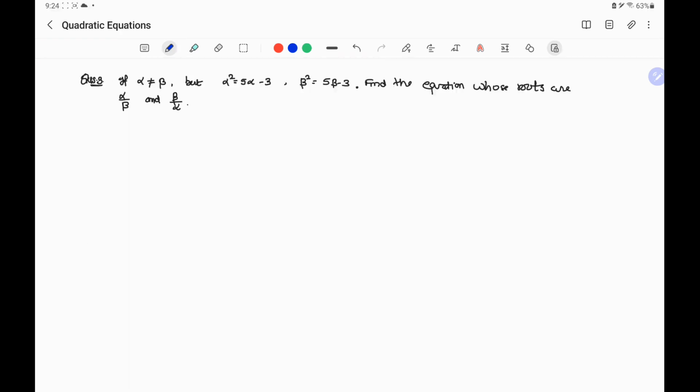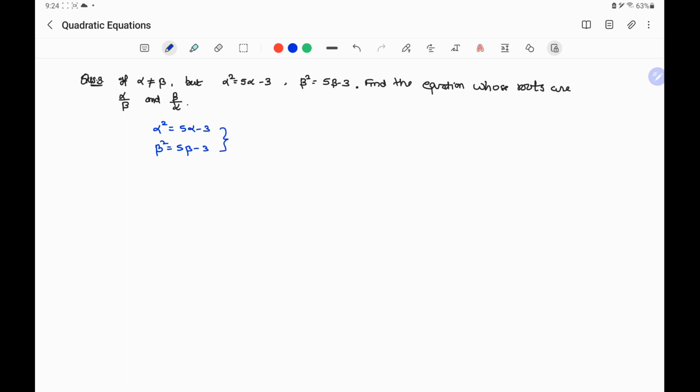Third question is, if alpha is not equal to beta, but alpha square equal to 5 alpha minus 3, beta square equal to 5 beta minus 3, find the equation whose roots are alpha by beta and beta by alpha. Given expressions are alpha square equal to 5 alpha minus 3 and beta square equal to 5 beta minus 3.